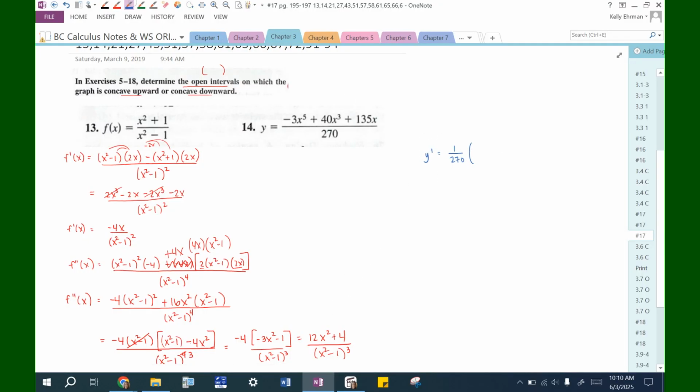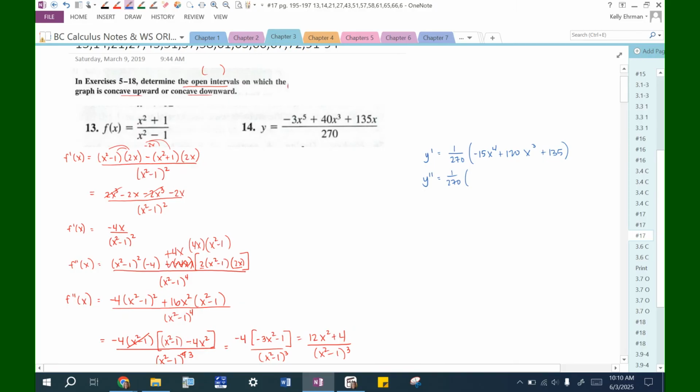All right, so what's the derivative of the numerator then? So it's negative 15x to the 4th plus 120x to the 3rd plus 135. And we want the second derivative, so y double prime is equal to, so again, I'm just going to keep the 1 over 270 out here.